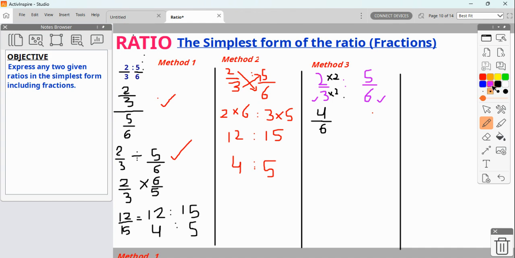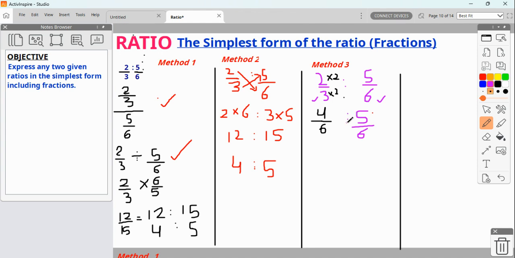This ratio 5 by 6. So you can see we got the same denominator. Now the concept is same. 4 by 6 ratio 5 by 6 means 4 by 6 is divided by 5 by 6.